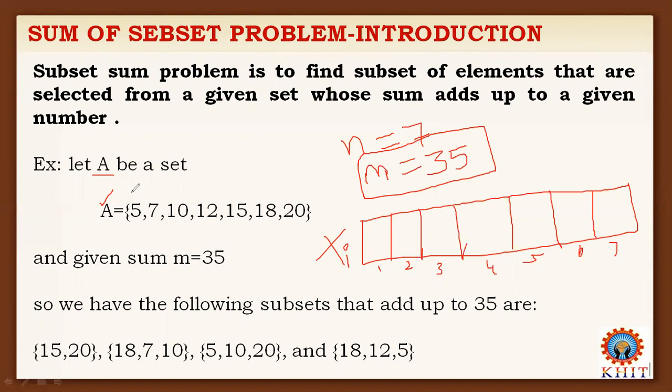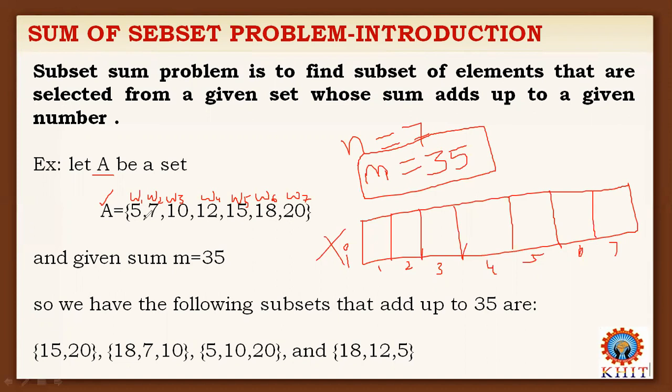The first one is W1, the weight of the second item, weight of the third item, weight of the fourth item, weight of the fifth item, weight of the sixth item, and weight of the seventh item are to be selected. Now I am selecting some elements from the set A whose sum is exactly equal to 35, which can be considered a solution of the sum of subset problem.